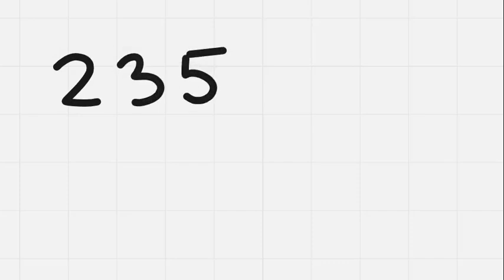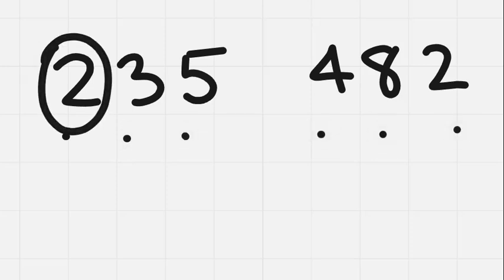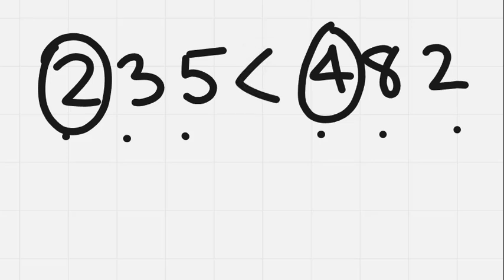Well done. Finally, we should understand that the order of the numbers matters. So here we have 235 and 482. When we look at these numbers, we will look at the first digit. 4 is bigger than 2, so we'll say 235 is less than 482.